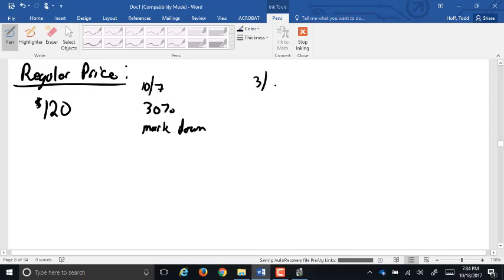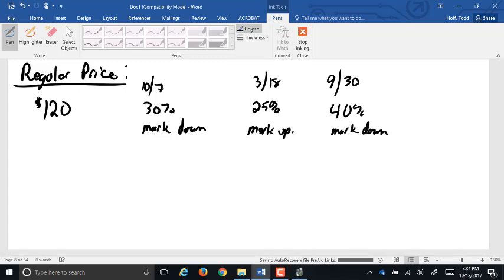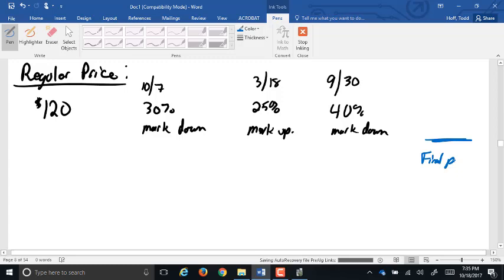On March 18th, it has a 25% markup. And on September 30th, it has a 40% markdown. Find the final price. I'll give you a minute to do it.